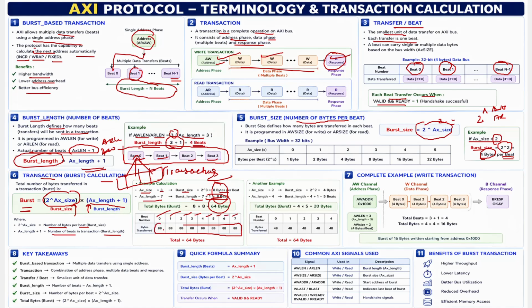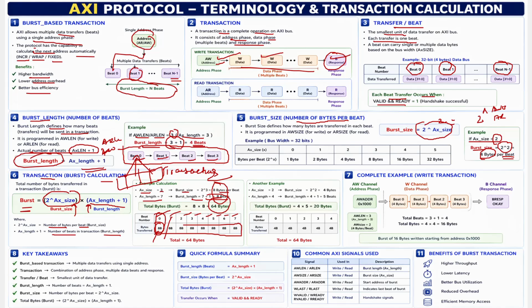In each beat, 8 bytes of data are transferred, because 8 into 8 is 64. In beat 0, 8 bytes are transferred, in beat 1, 8 bytes are transferred. Understood? Clear? Any doubt?